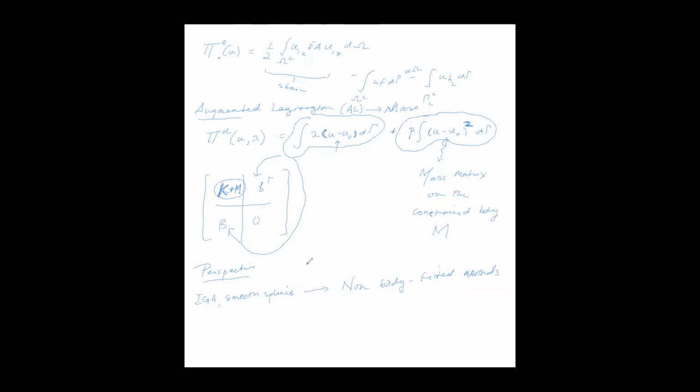Okay, so now what I want to do is show you how several classical methods, which you'll see in some of the older codes and also in the IGA community, can all be derived from the augmented Lagrangian framework.